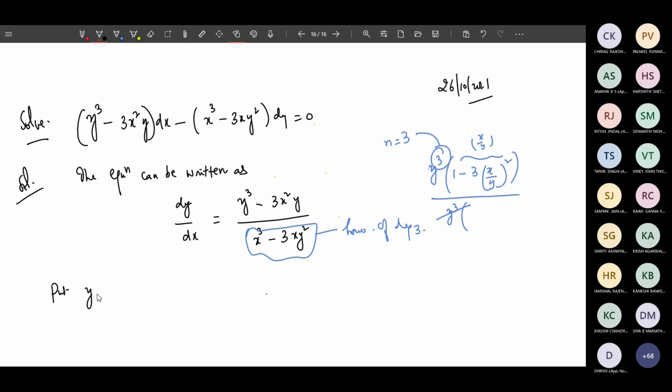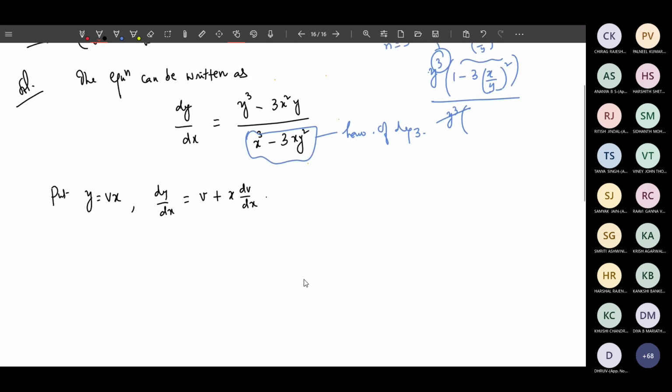take y as v times x, where v is a function of x, so that dy by dx becomes, by the sum rule and product rule, v plus x dv by dx. Now I write this equation as equation 1.